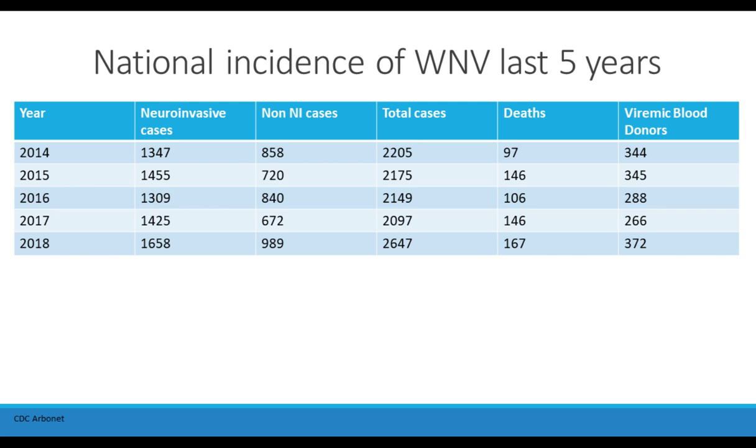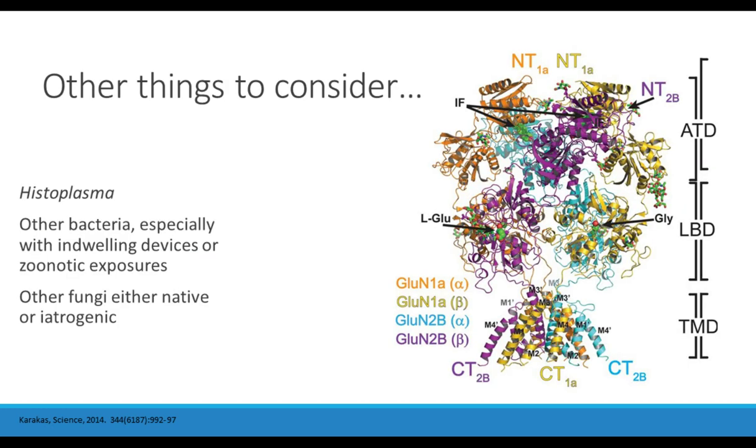You can see 2018 was our highest year in terms of neuroinvasive cases, also our highest year in terms of non-neuroinvasive cases, but a relatively normal year in terms of viremic blood donors. It's interesting data on how this disease ebbs and flows over time. 2015 was another relatively high year in terms of mortality from West Nile virus, but 2016 wasn't as bad by some of the metrics.